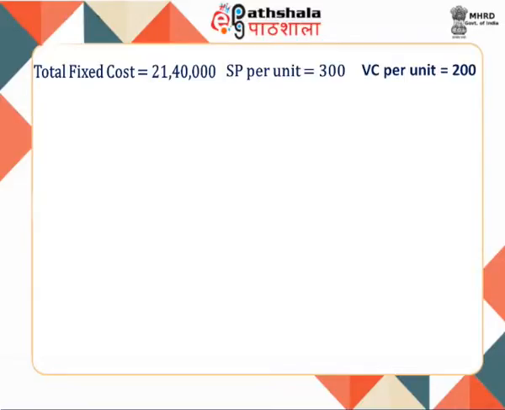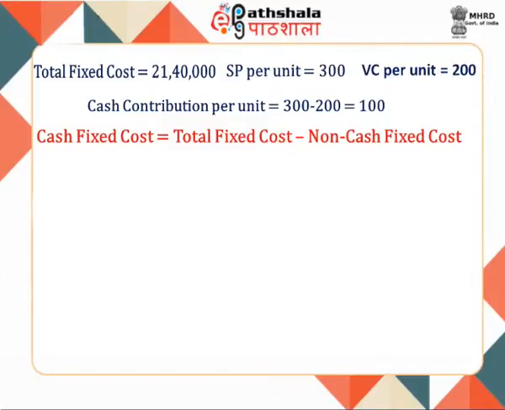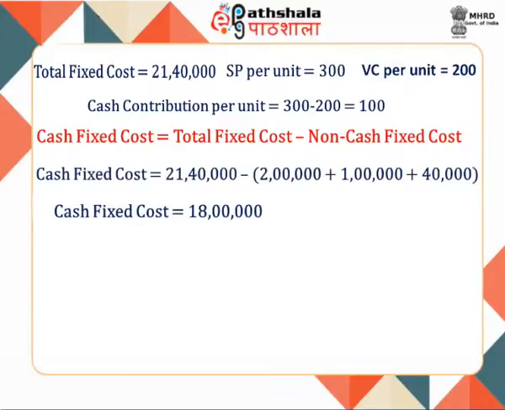shown here. First of all, we'll compute cash contribution per unit, which is rupees 300 minus rupees 200, equal to rupees 100. Cash fixed cost is equal to total fixed cost minus non-cash fixed cost, that is 21 lakh 40,000 minus the sum total of 2 lakhs plus 1 lakh plus 40,000.